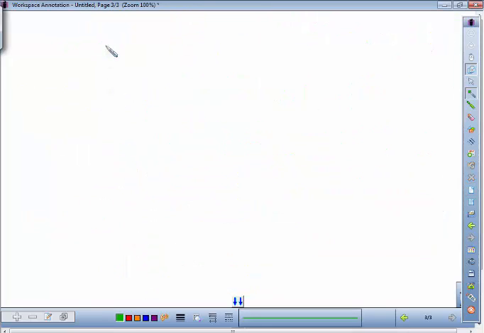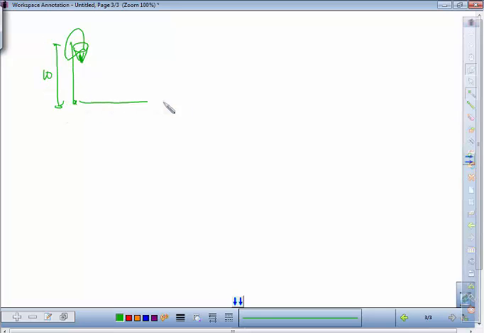Anyways, let's do an example where he was going from left to right. Let's go from right to left just to make it a little bit easier. And the basket hoop is like 10 feet off the ground, right? And his last shot was like 38 feet away.